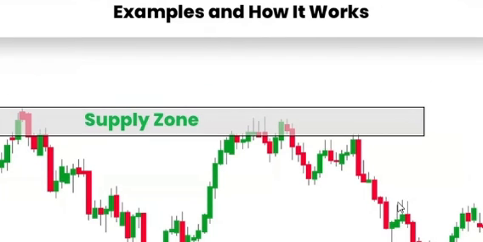The next picture, the same thing applies here. You look for an area of multiple rejections. So first of all, you look on the left side of the chart. Where is the area that whenever the market price reaches there, it reverses? Then that particular area becomes either a supply zone or a demand zone. So whenever the market is in an uptrend, it means that buyers are on the market and they are buying.